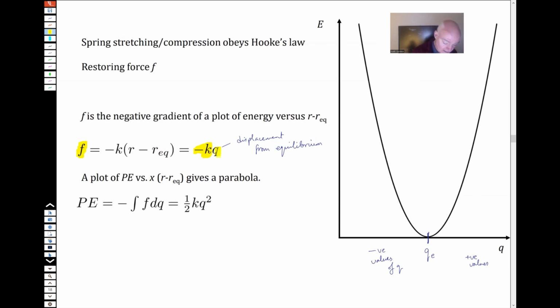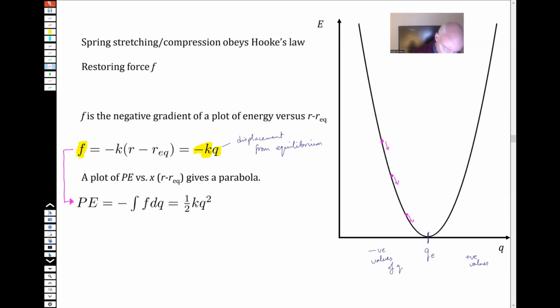And so what that means is that if I'm here, then the restoring force is not that great. And the further away I go, the greater and greater the restoring force gets, but it's linear. So if you know the force, you can integrate the formula that gives you the force to get the potential energy.